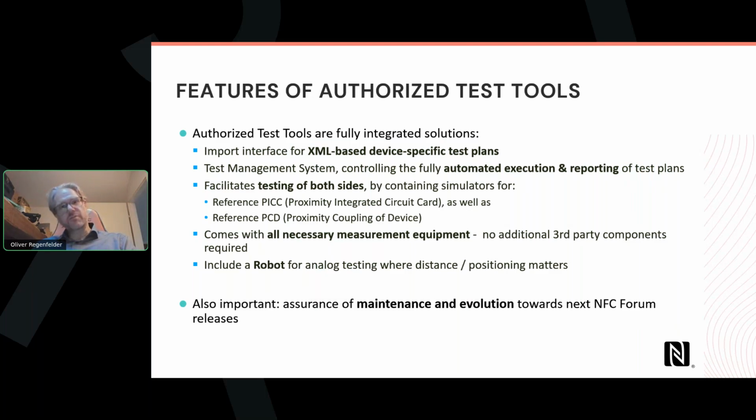So all those test tools offer you maintenance, so that you will get updates to fix those bugs and make these adaptations. And as Jose said, eventually the NFC Forum will move from CR15 to CR16. And with the maintenance of the test tools, you are also guaranteed that with the test tool, you can move from CR15 to CR16 and so on.